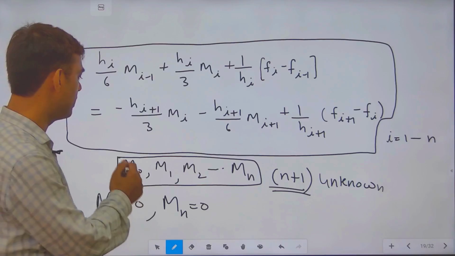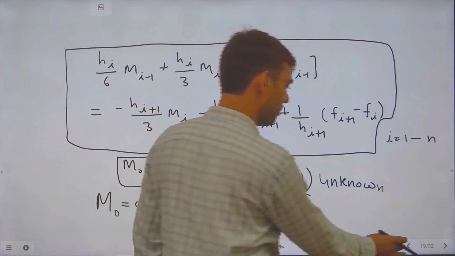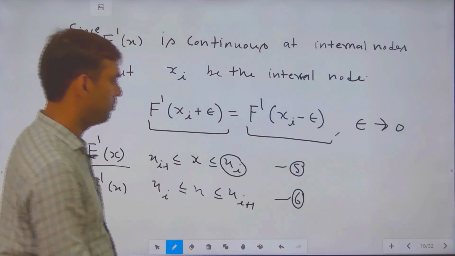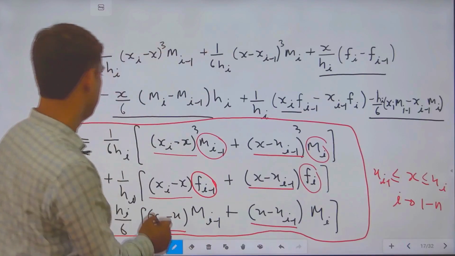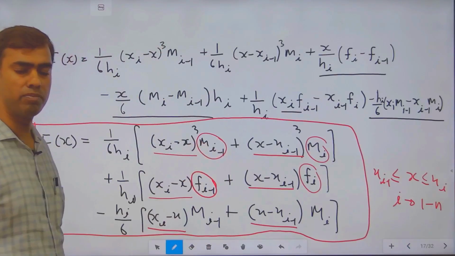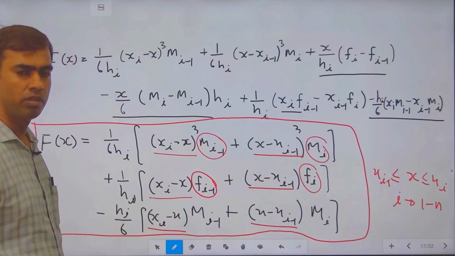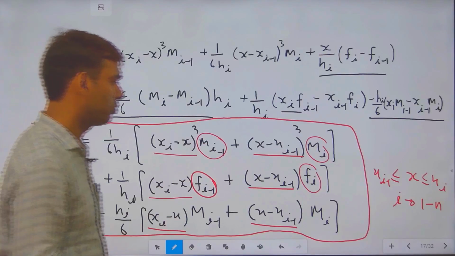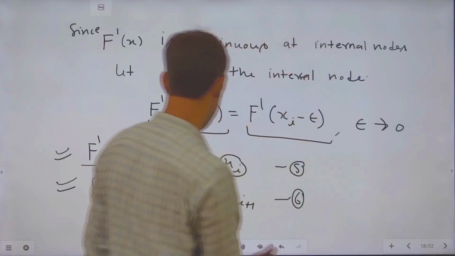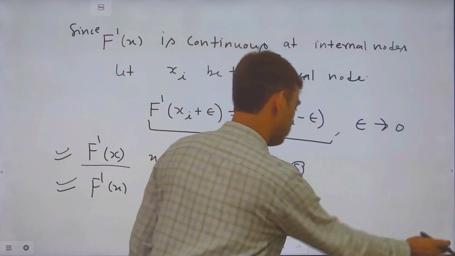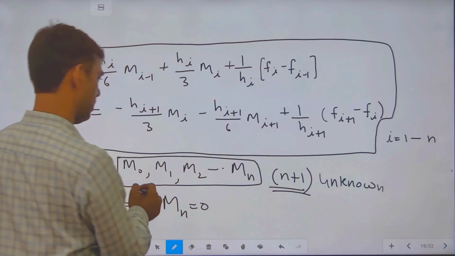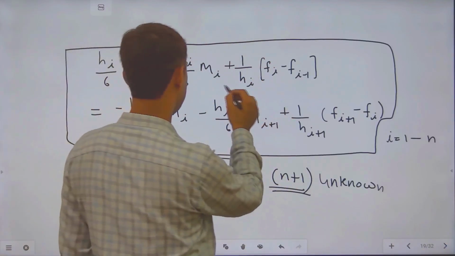So once we find the values of m0, m1, m2, up to mn, we put here the values of m0, m1, m2, m3 up to mn plus 1, basically n plus 2 unknowns, not n plus 1, mn and mn plus 1 also.